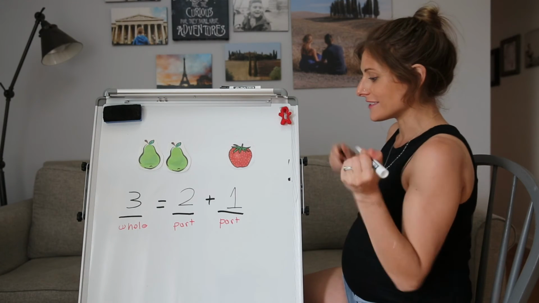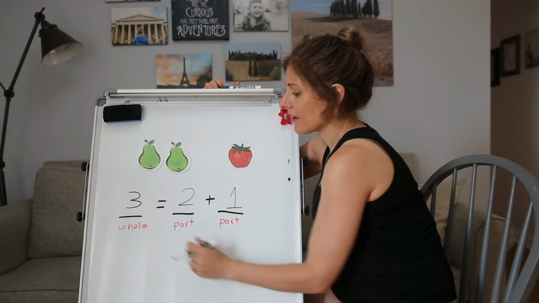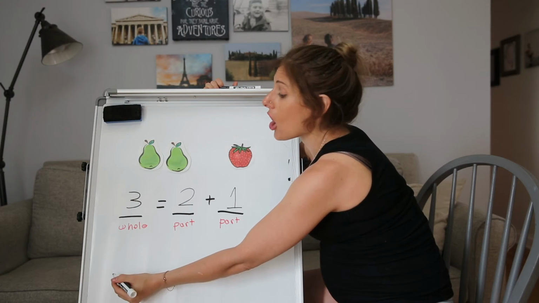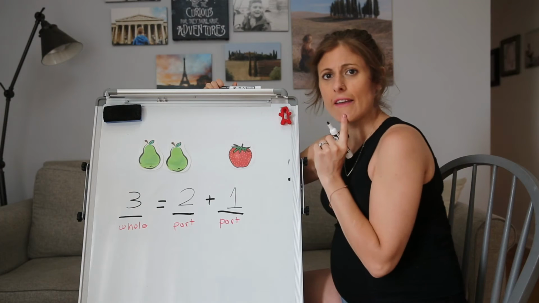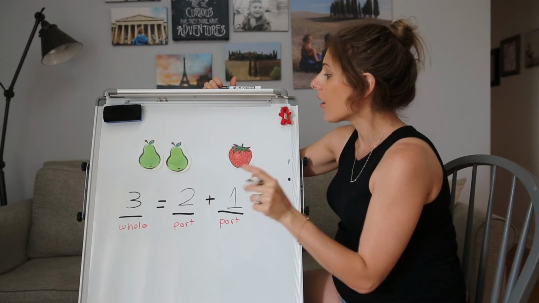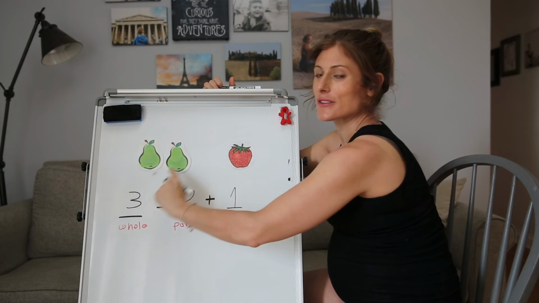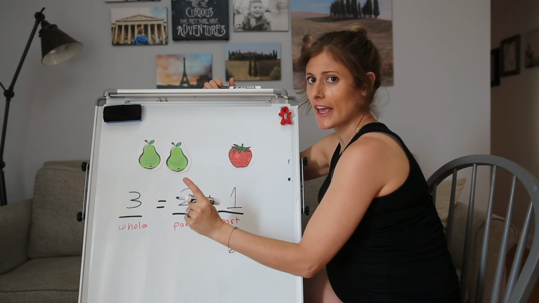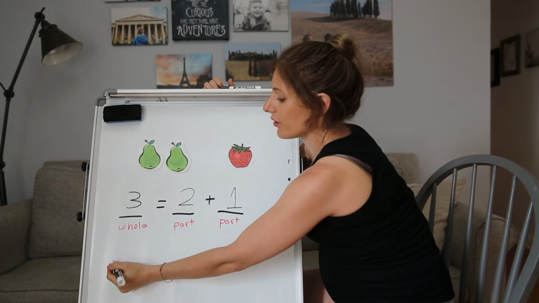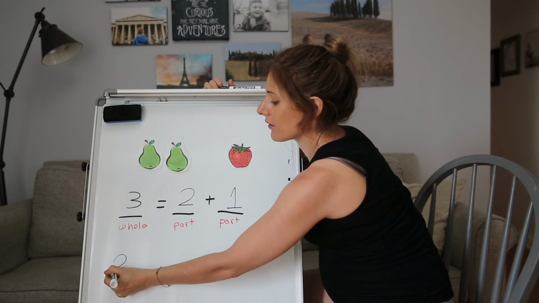Instead of starting with 3, my whole number, I'm going to start with my parts. What was my first part again? Wait, this is my first part. I'm going to count how many I have. 1, 2. I'm going to write the 2 right here.